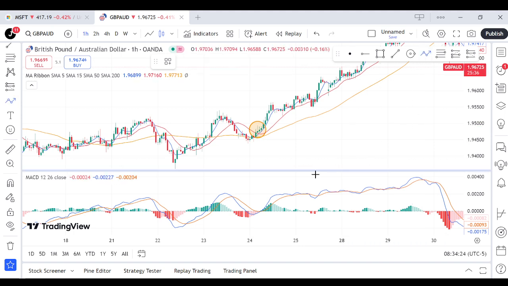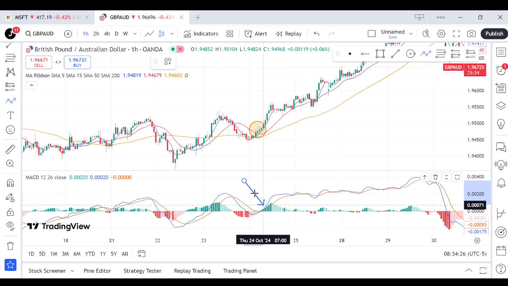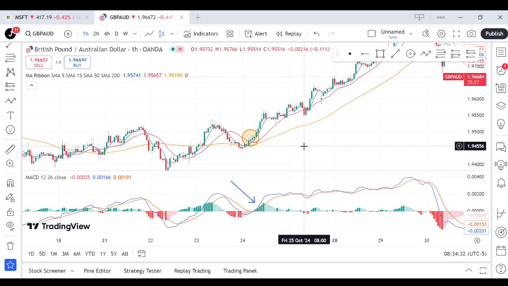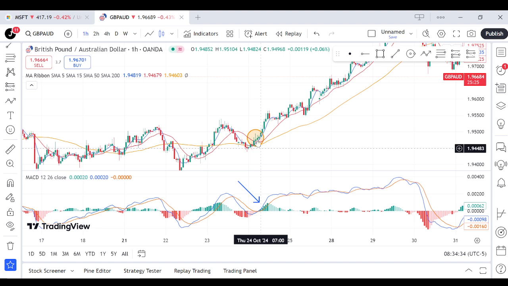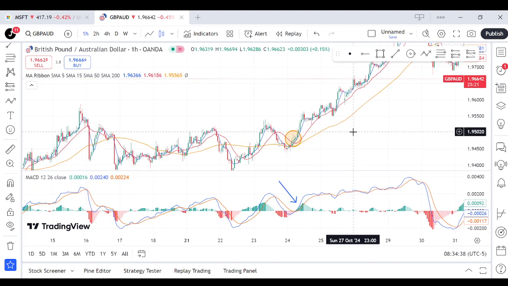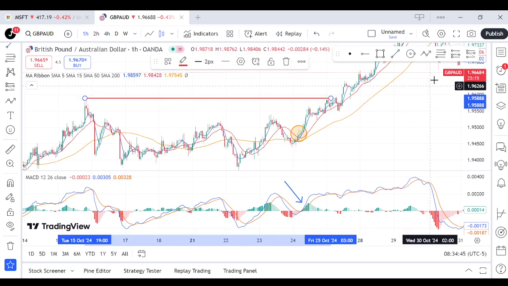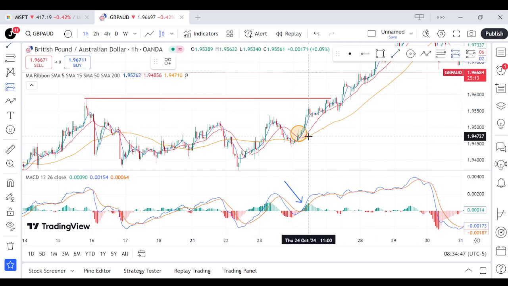This corresponds with the MACD histogram going above the zero line, indicating increasing momentum, and we should be looking to take a buy position from this area, targeting key resistance levels like this one, or we could just go for a fixed risk to reward ratio of 1:2.